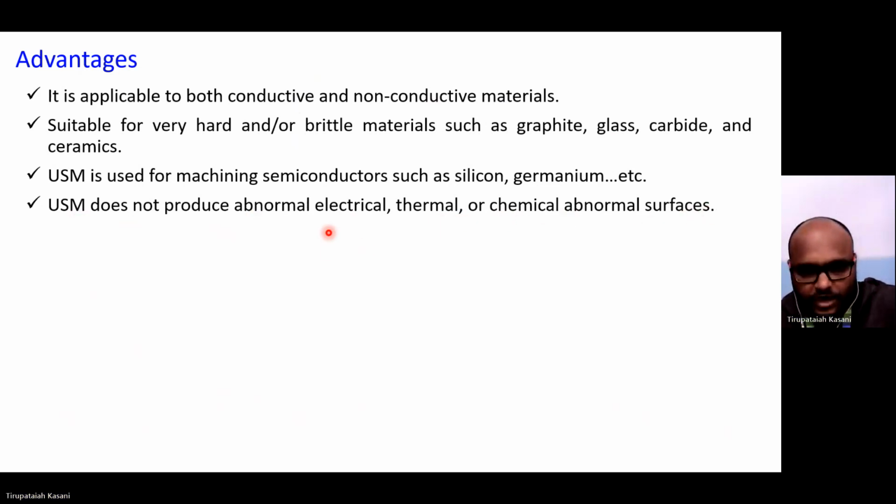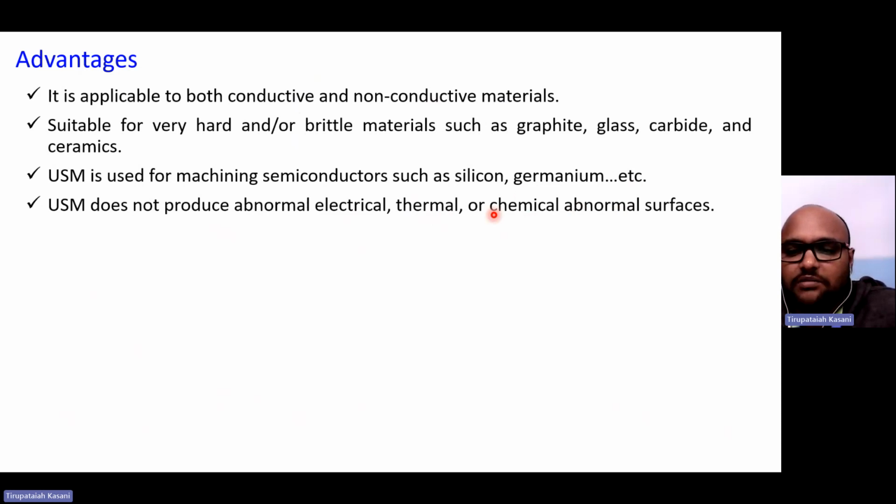Because if there is an electrical power supply to the workpiece, and the slurry is directly coming in contact with the workpiece, the machined surface may be affected. For example, if more heat is induced at the machining zone, then the machined surface may be affected. But here the amount of heat produced during the machining process is very little, and if at all any heat is produced, that heat energy is taken away by the water, that is the slurry medium.